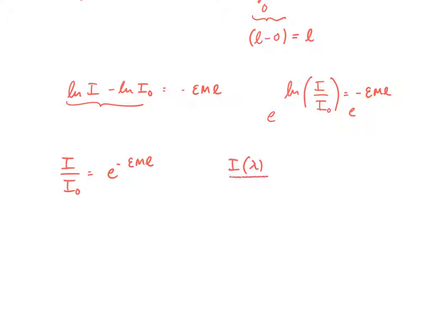And now I can put back in the fact that I'm talking about the function of intensity at a given wavelength. Negative epsilon wavelength m L, like so. And that's it. That's Beer's law, or the Beer-Lambert law.